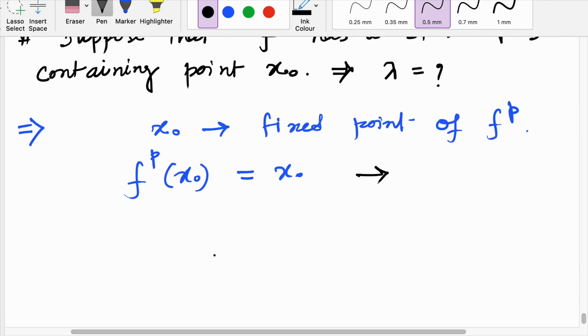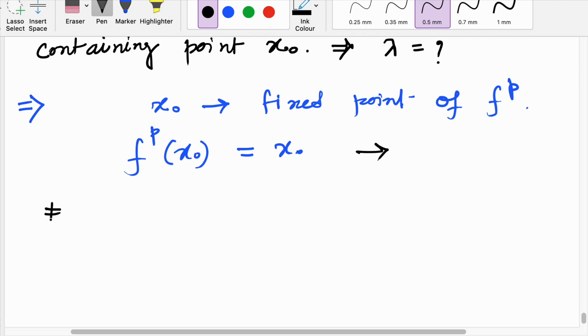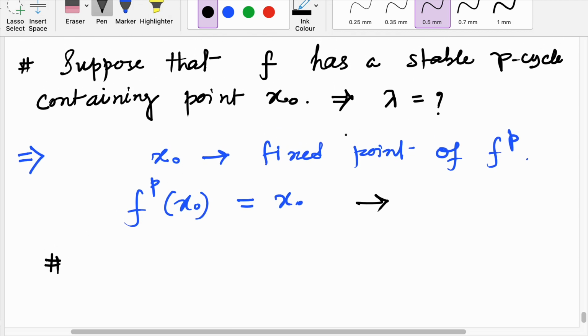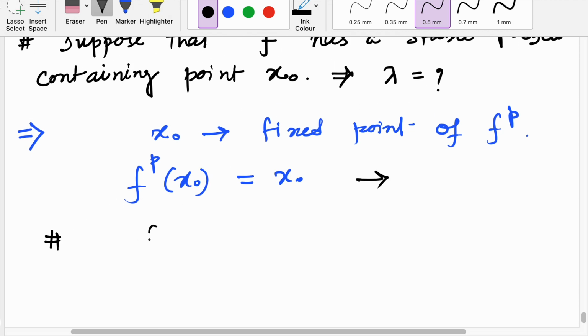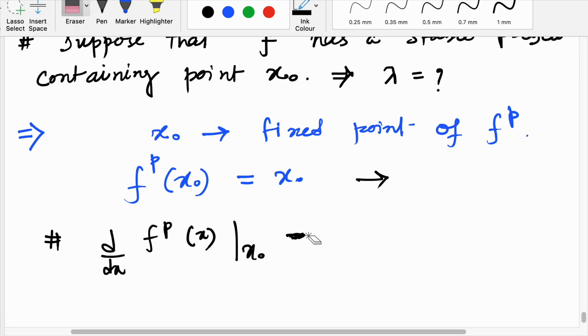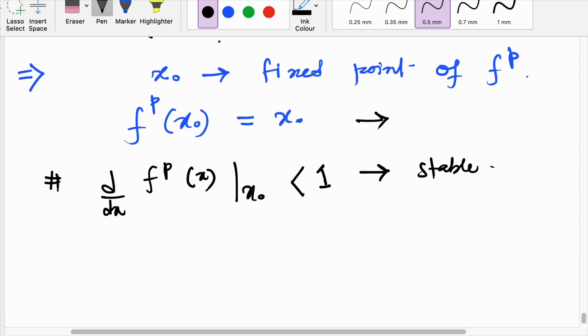Now what does stability mean? Since it is stable, the derivative of f^p at x0, its absolute value, will be less than 1. That we know. That means stable.